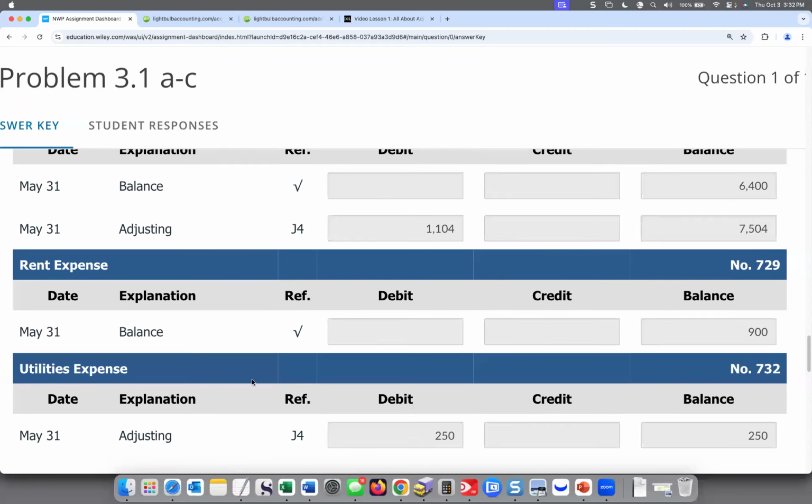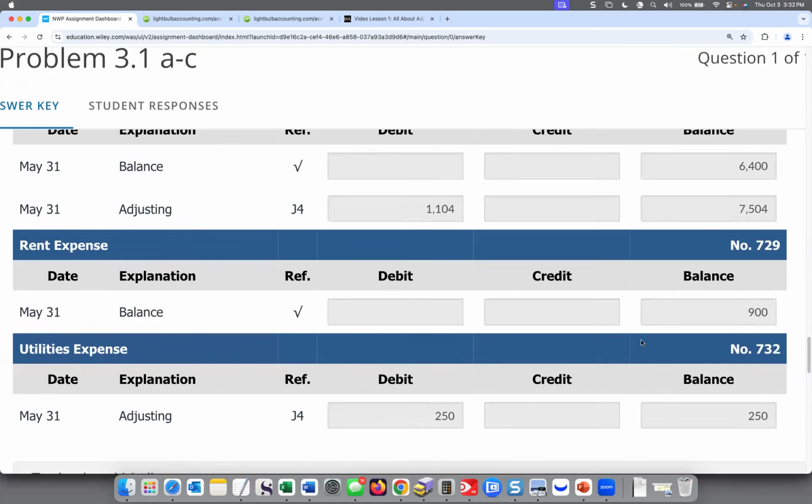And utilities we didn't have before on the trial balance, but now we do, or we will for the adjusted trial balance, because this account picked up a balance as a result of an adjusting entry. So again, just like all the other expenses, normal debit balance. So anything in the debit column raises the balance. So that's what you should have had for all the postings to the ledgers.